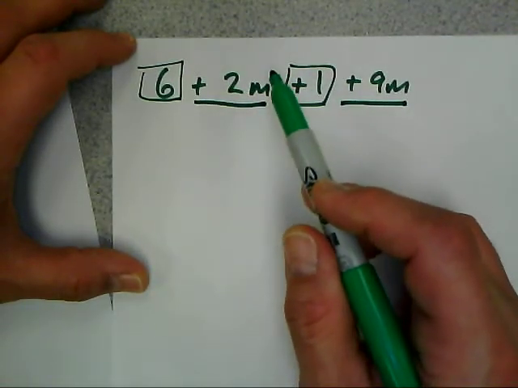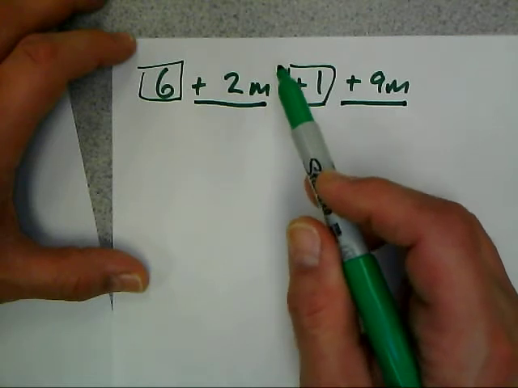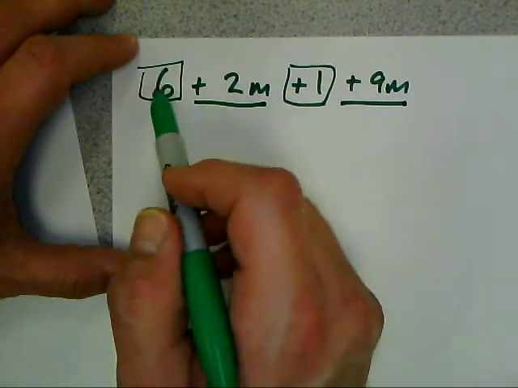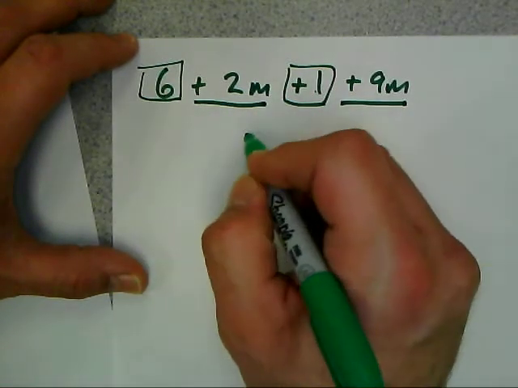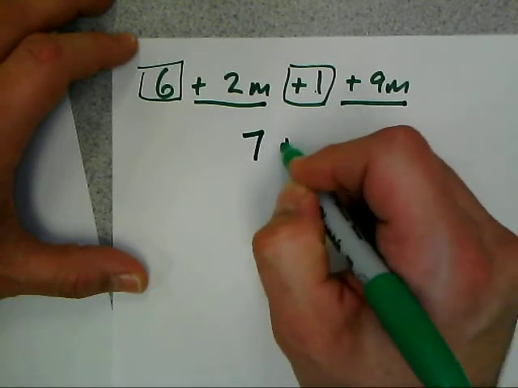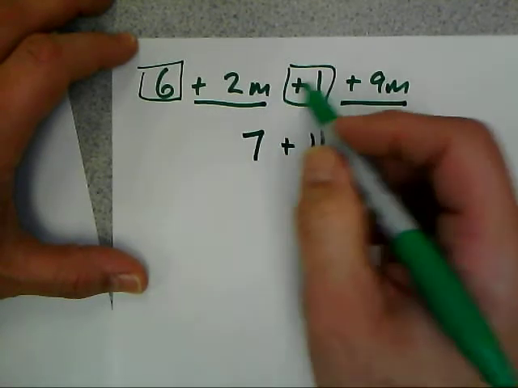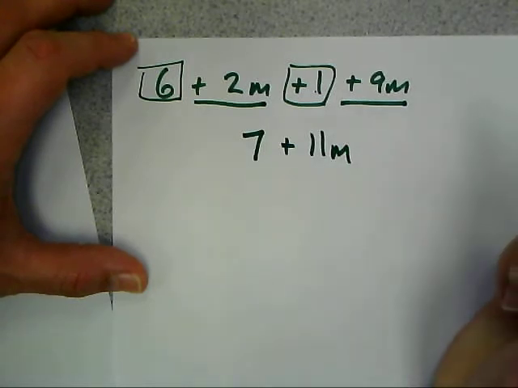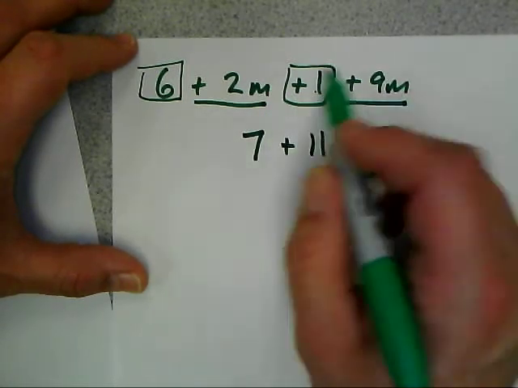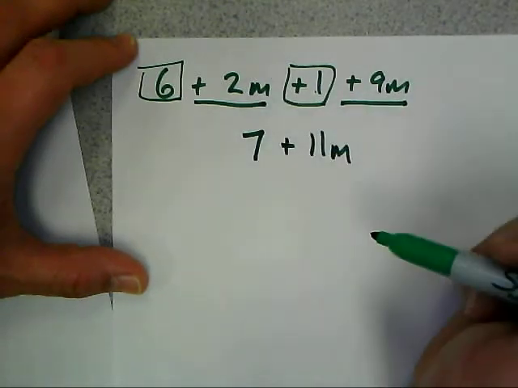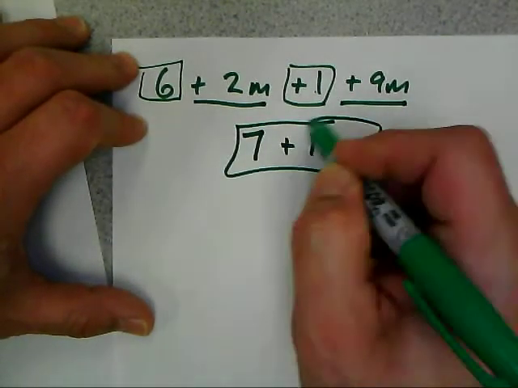Now, if there was an m to the second power up here, you could not combine it with m because it's to the 1st power. So we're going to add these together. 6 and 1 is 7, and 2 and 9 is 11, and we're not multiplying, so we're not adding any m's. They stay the same. So it's m. In multiplication, you would add those together, but we're not. So this is your answer here.